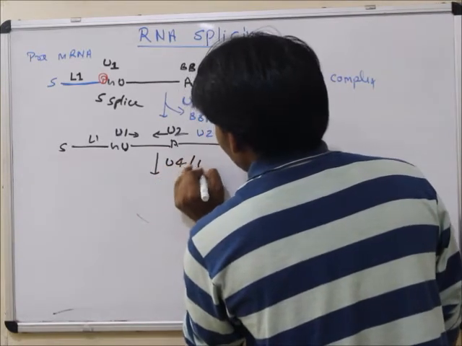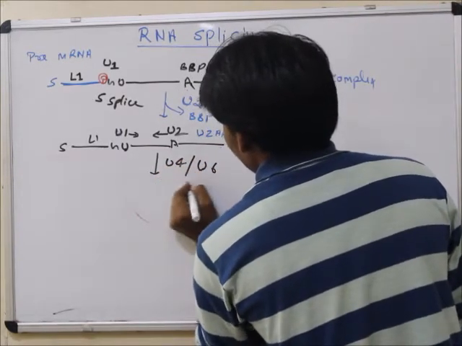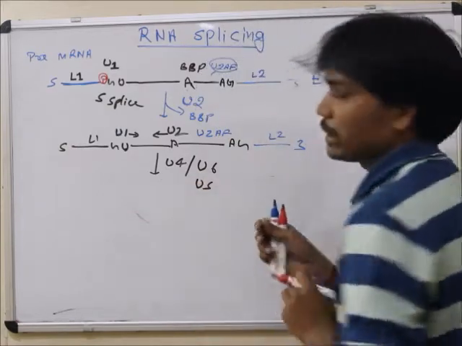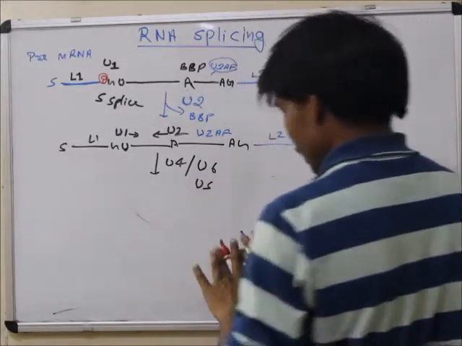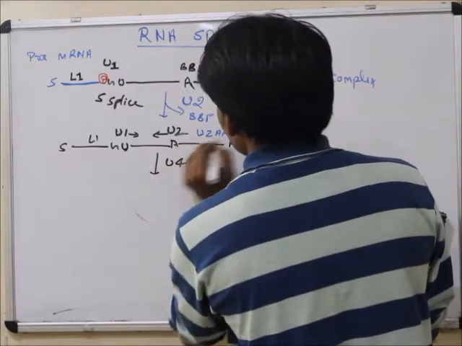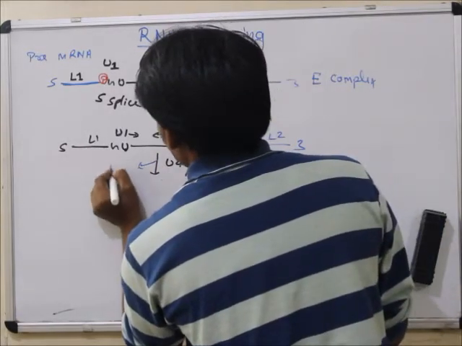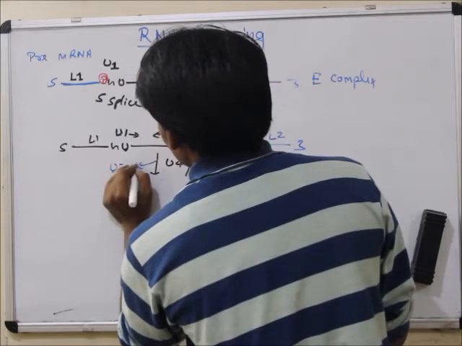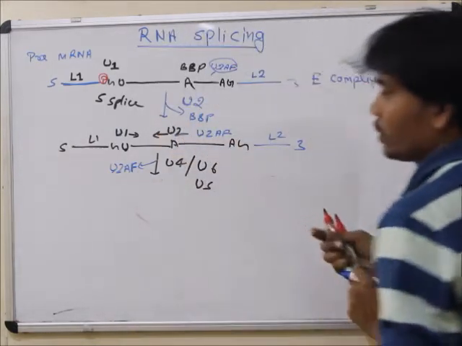Okay, and further there is U4, U6 and U5. This complex comes again. When these complexes come, there is removal of the U2AF factors. U2AF is released.